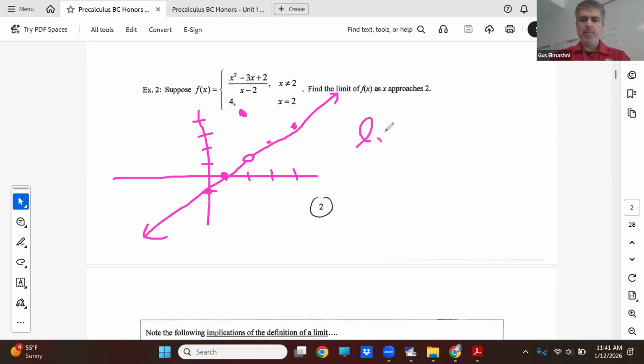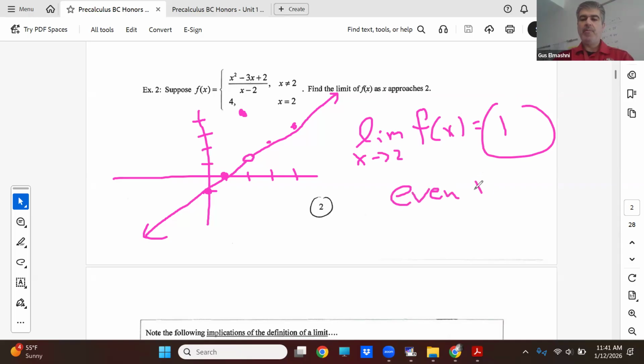Okay, so I take the limit as x approaches 2 of f of x. What are you gonna say? 1 still. Even though, what does f of 2 equal?